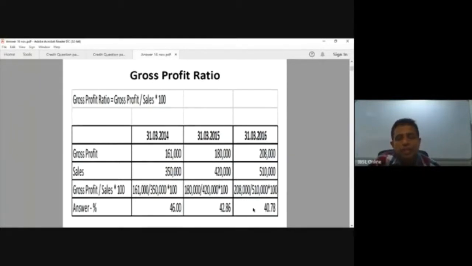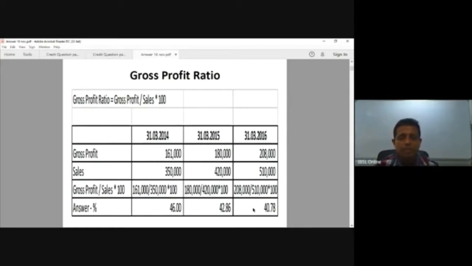Now, when it comes to the exam, you may give an interpretation in the ratio calculation itself, or you may provide a summary of ratios and provide your interpretation there also. Anyway, you will get marks. You have to give an interpretation, right?